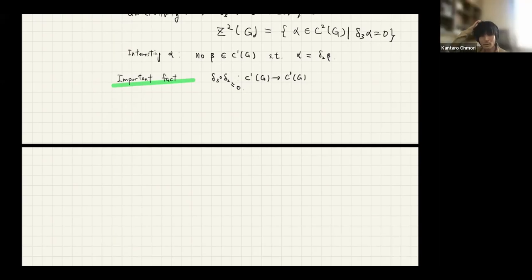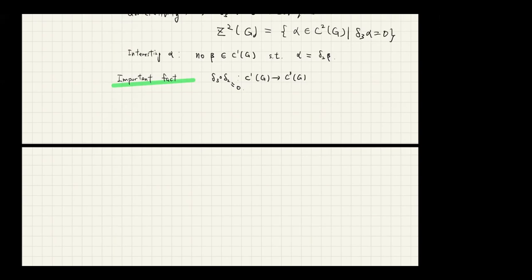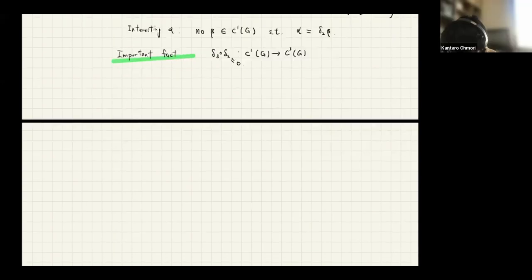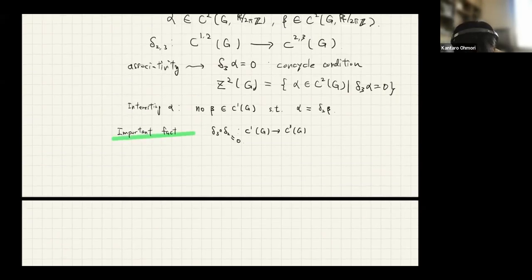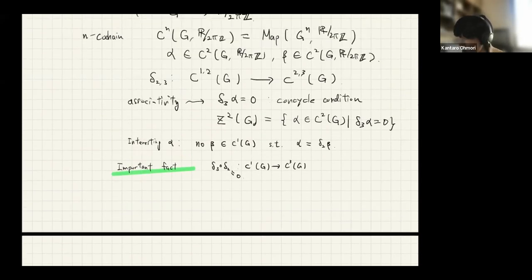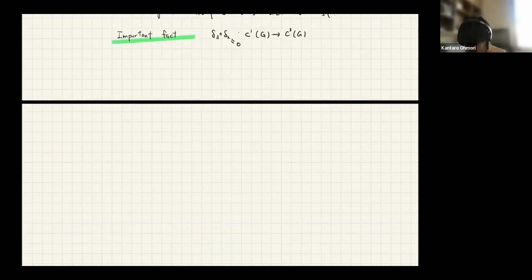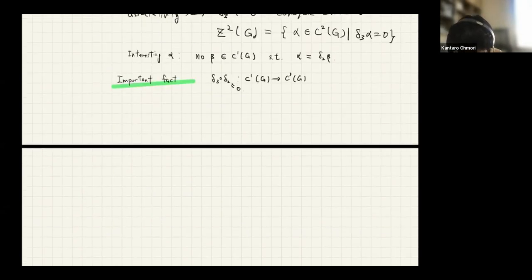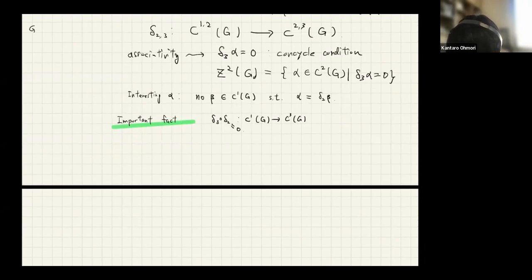Okay. So delta 1 means 0 cochain to 1 cochain. I don't trust my brain, so of course there is a general formula. Let me write here the general delta n.